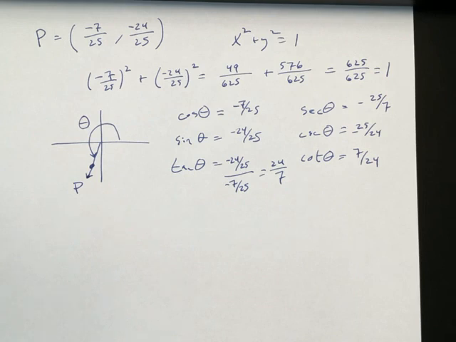Aha, we had that thing about which ones were positive, which ones were negative. A, all. S, sine is positive. T, tangent is positive, the others are negative. C, cosine is positive.